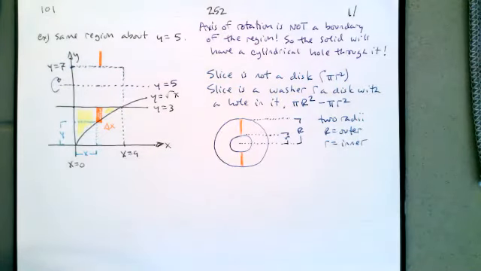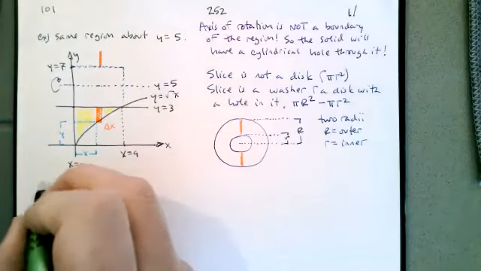And then we're going to go into the picture and label what the inner radius and the outer radius is going to be. We're going to remember that the radius is always measured from the axis of rotation.